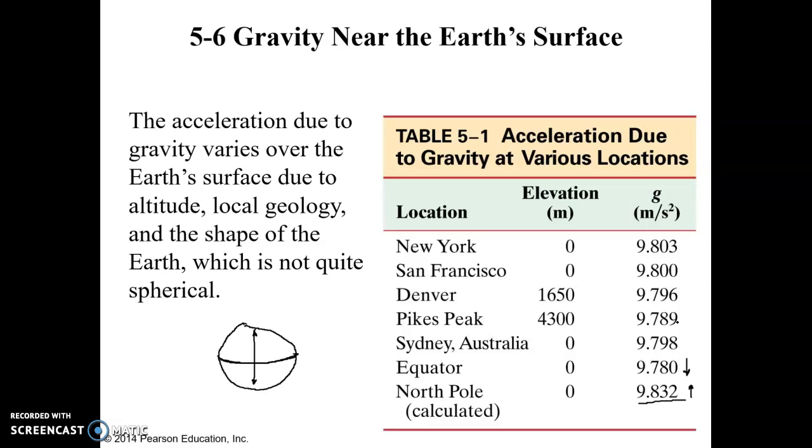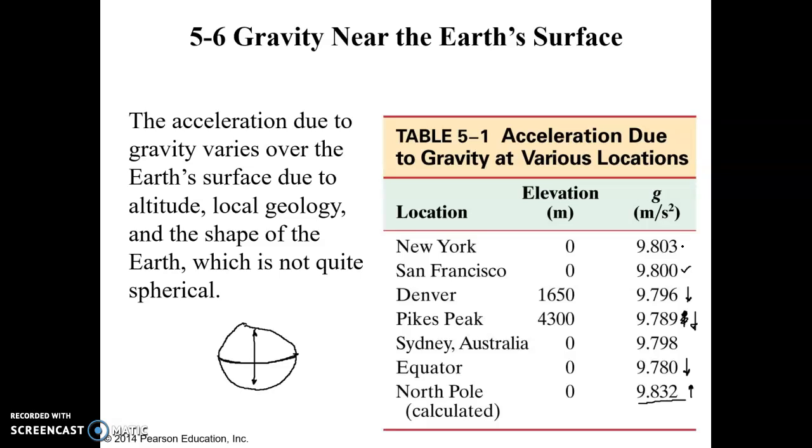Also, we can see some other slight variations at Pikes Peak, for example. Pikes Peak is a pretty tall mountain. On top of it, the effect of gravity is less than what it normally would be. Denver, Colorado is the mile-high city. It's less there. San Francisco is right at sea level, so we would expect it to be really close to 9.8.